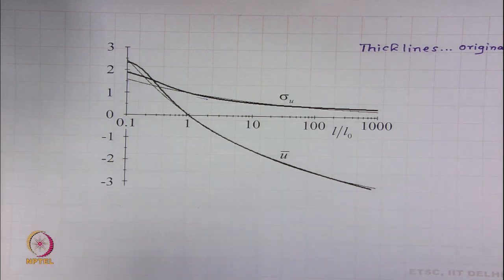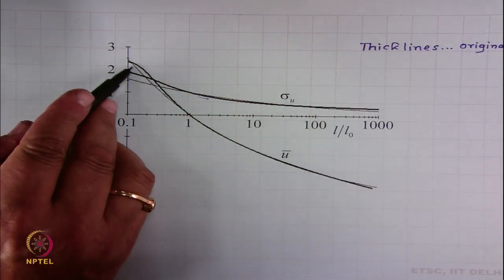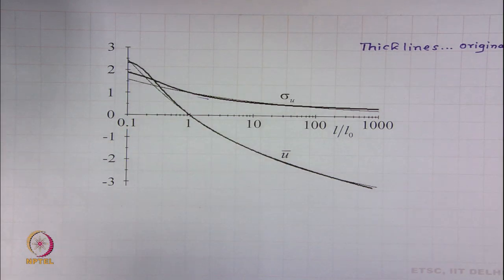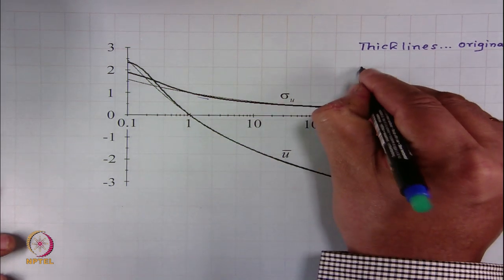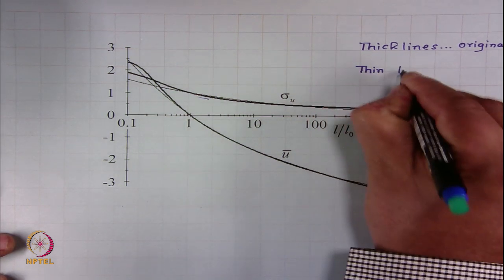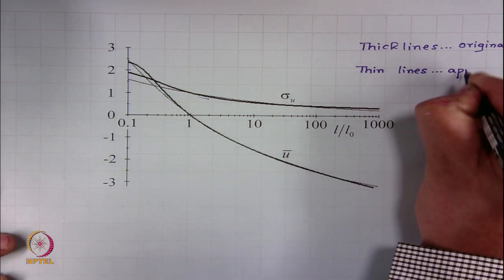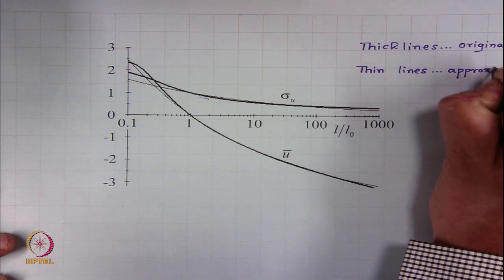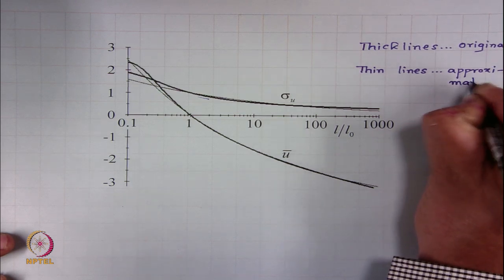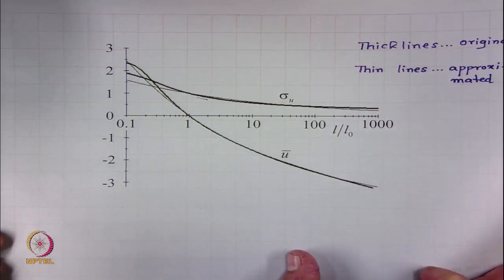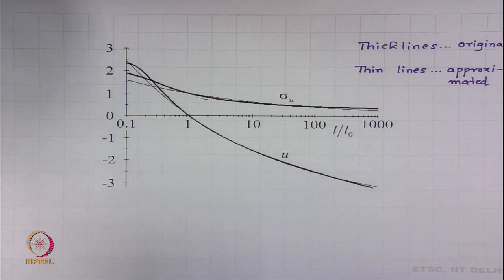You can see that there are also thin lines, say for u bar this is a thin line and for sigma u this is a thin line. What is a thin line? Thin lines are some approximated ones; original we understand, original is coming from these equations what we wrote earlier.